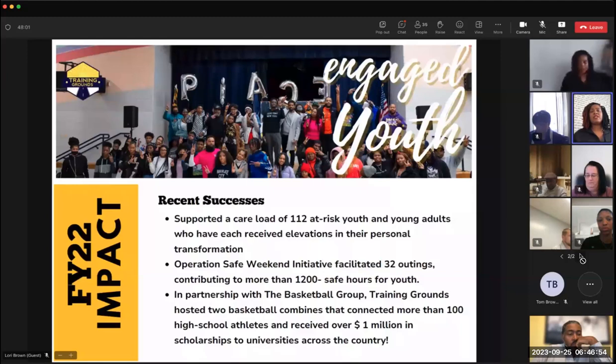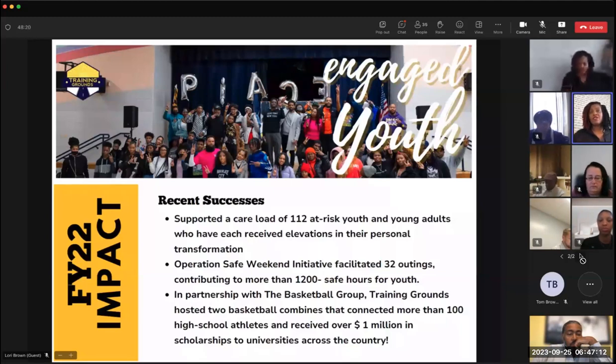So we assisted this care load with engagement inside of some targeted experiences, which you'll learn about shortly. And we have also been able to track some pretty significant elevations inside of their personal space.